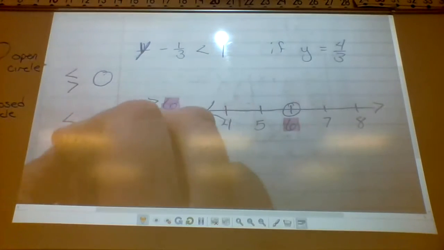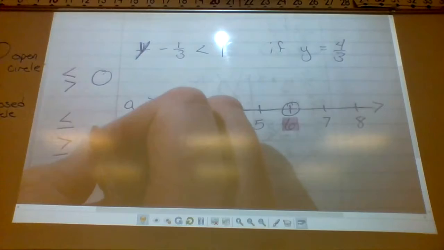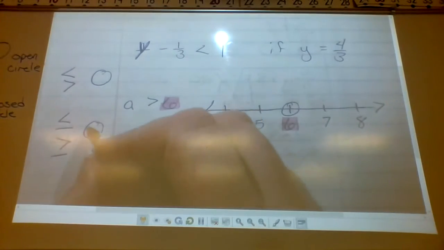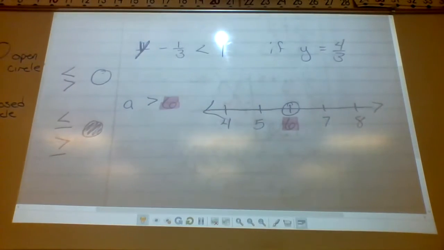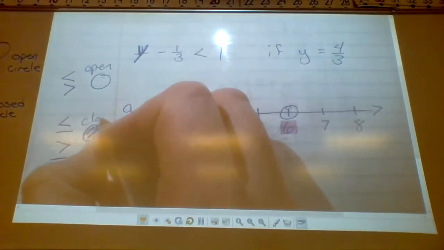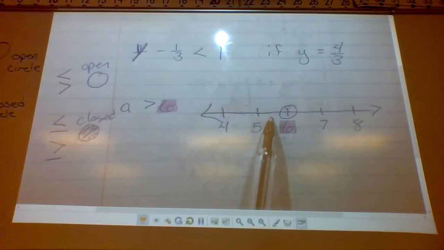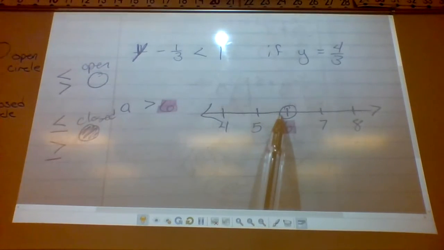If you have a less than or equal to or a greater than or equal to, that circle is closed. Open, closed. Why do you think it's closed? Because it's equal. So is this equal to 6? No, it's not equal to 6. We are not going to shade it in.